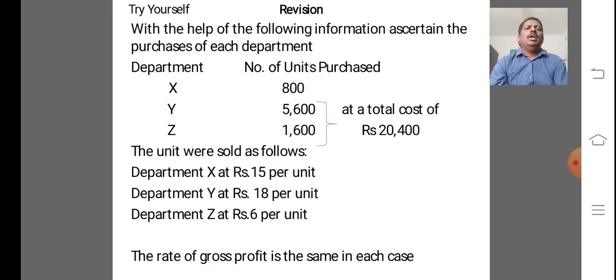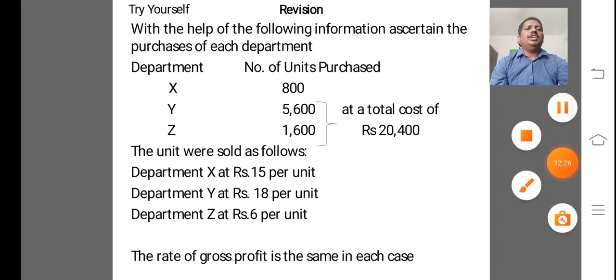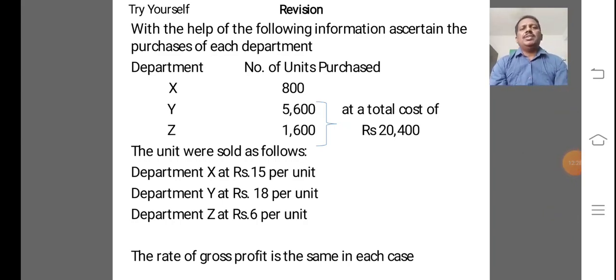And I am giving another one to try yourself with the help of the following information. Ascertain the purchases of each department. The number of departments is 3: X, Y, Z. Number of units purchased is equal to 800 for X, 5,600 for Y, 1,600 for Z, at a total cost of rupees 20,400.